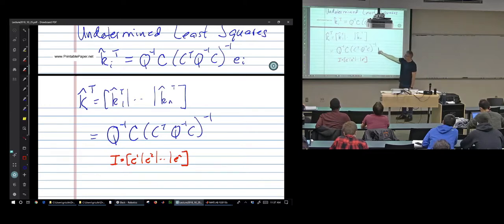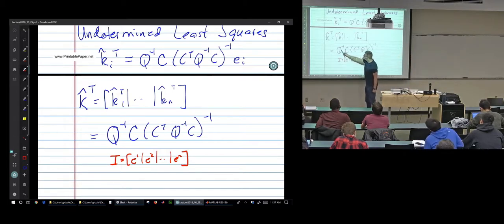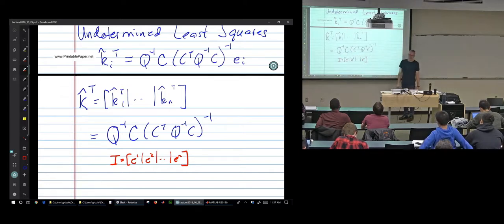If I take this matrix and I multiply it by the ith column of the identity, what do I get?